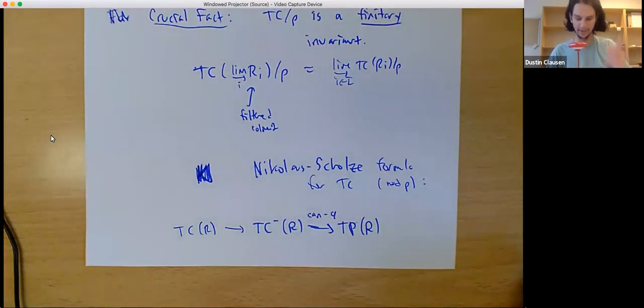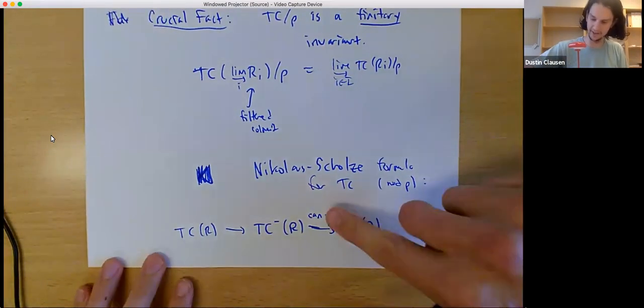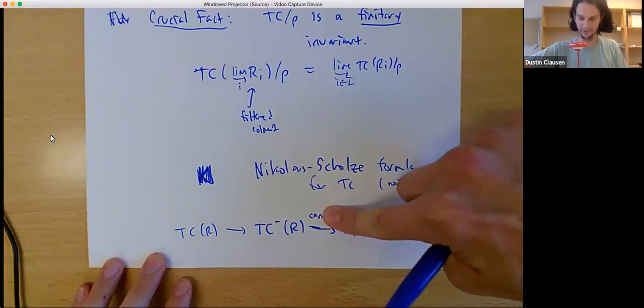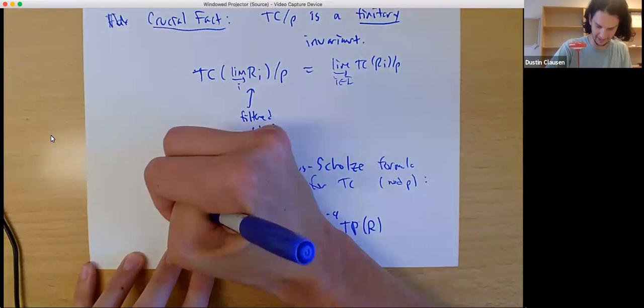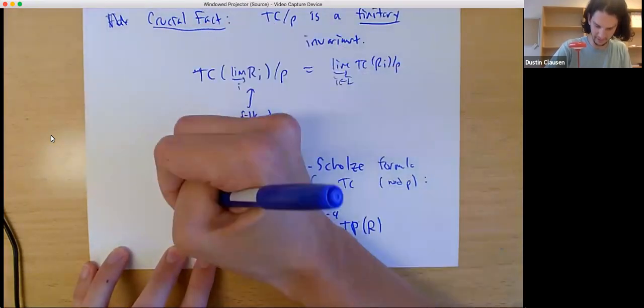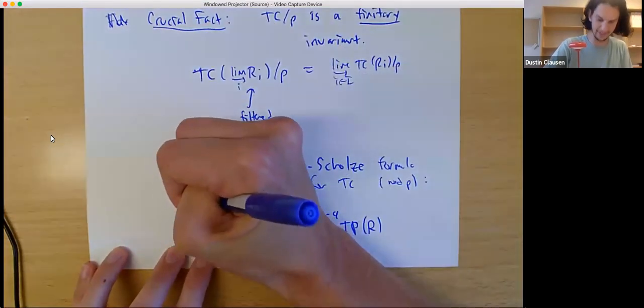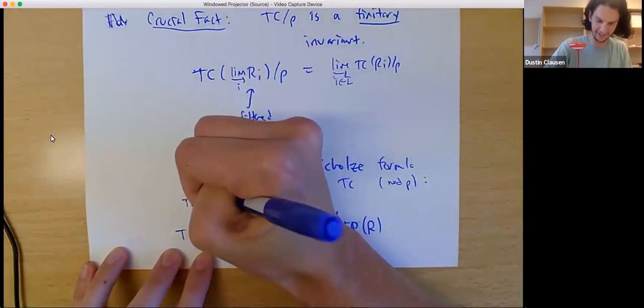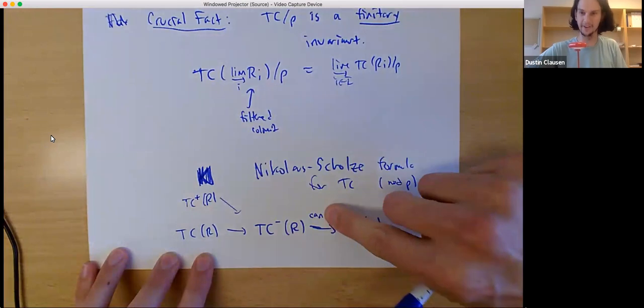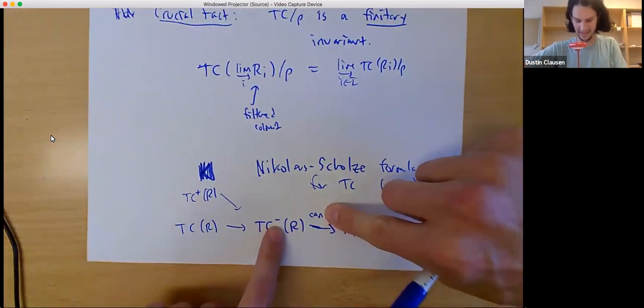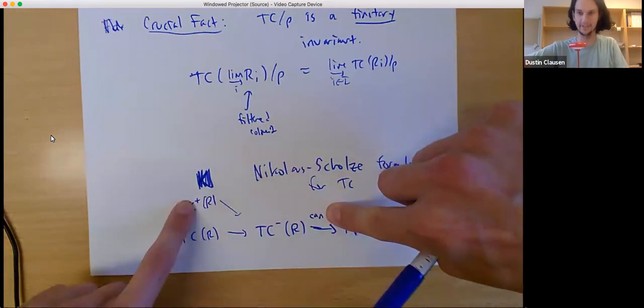And now here's the point. If you were to just take the canonical map and remove the Frobenius part, then you wouldn't get TC of R at all. You would get TC plus, the cyclic homology, if it were just the fiber of the canonical map. Because this is the negative part, this is the periodic guy, what's left is the positive part.